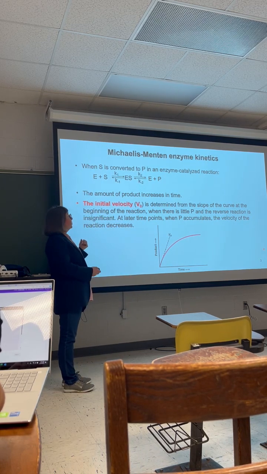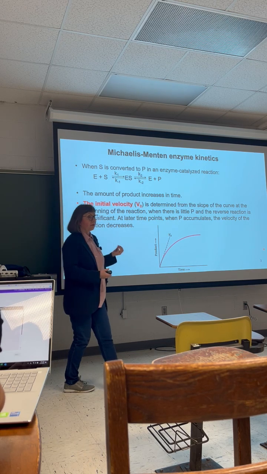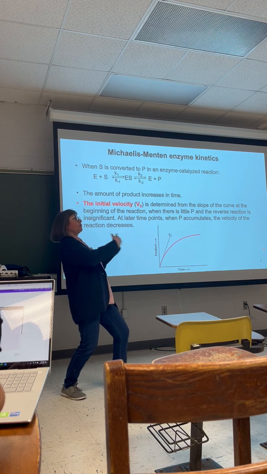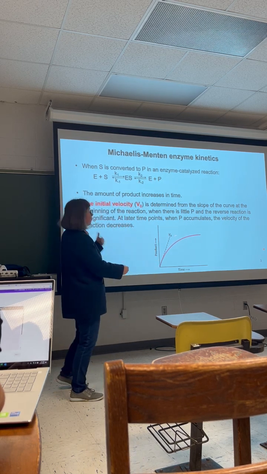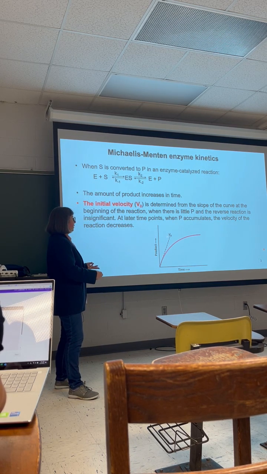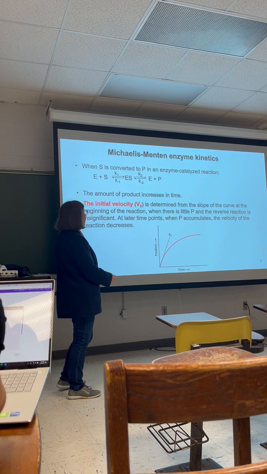Why? Because the longer you wait, the more product you have. It is like back pressure, okay? That product is preventing the enzyme from doing its job. So actually, at the very beginning, the velocity, which is the first derivative of product over time, we said will be the highest.